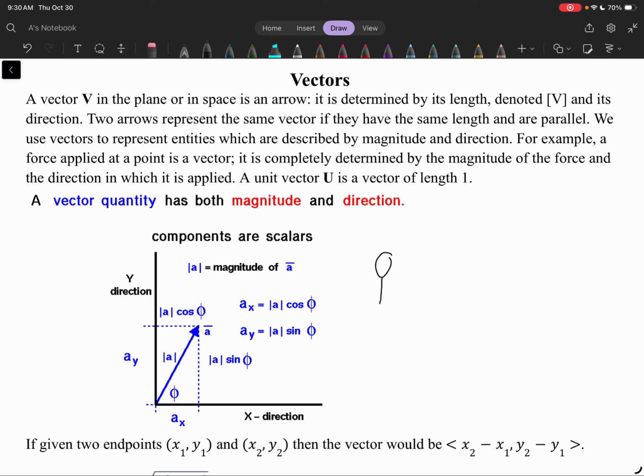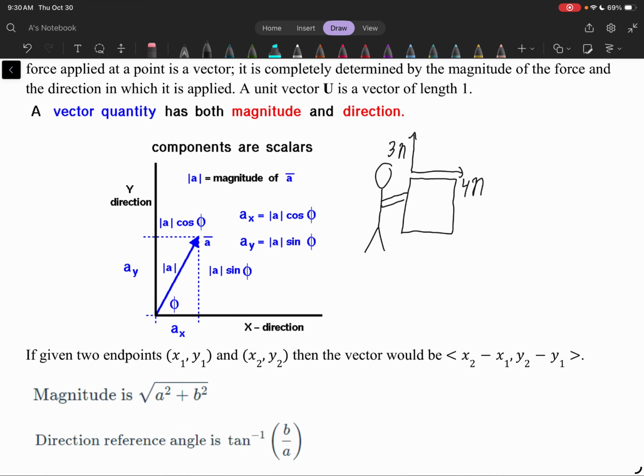If you're pushing a box, and whenever you're pushing eastward with a force of 4 newtons, you're pushing northward with a force of 3 newtons, in what direction and with what force or magnitude will this box go?